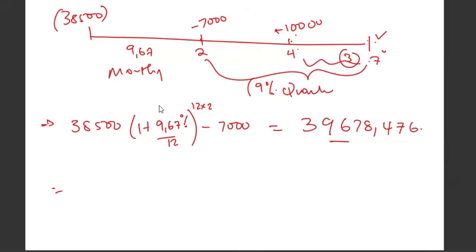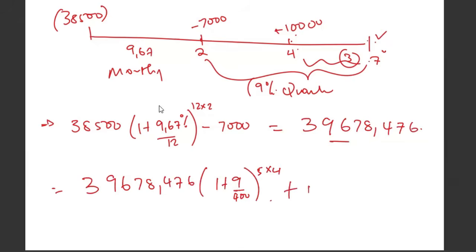So 39,678.476 times 1 plus 9 over 400 since it's quarterly, to the exponent of 5 times 4. Then plus the 10,000, which is going to grow for 3 years: 1 plus 9 over 400 to the exponent of 3 times 4.